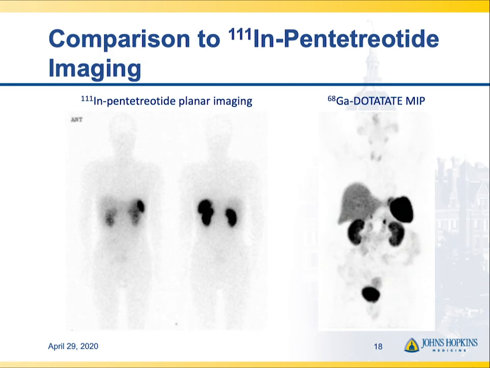And if we compare planar imaging with Octreoscan versus a dotatate PET scan, we just see so much more on the dotatate PET scan, and it's going to allow us to see tumors with very high contrast and very high tumor to background ratios.